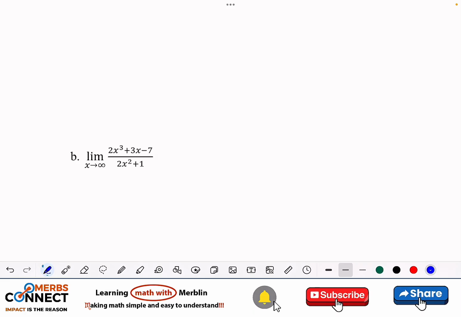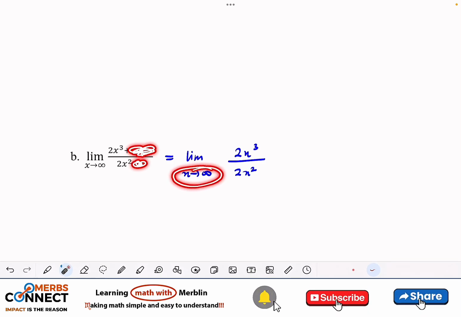And let's look at this one. This is a rational function, and this will be equal to the limit as x approaches infinity. The highest degree will dominate. The top has a highest degree of 2x to the power 3, divided by the bottom, which has a highest degree of 2x squared. All the other terms will just go away because it's going to infinity.